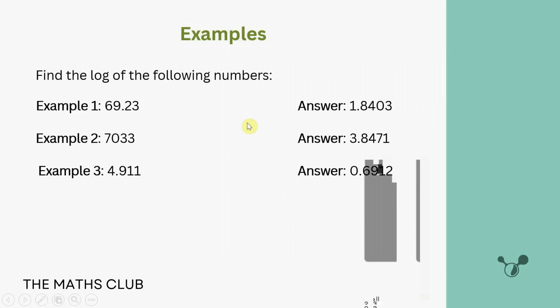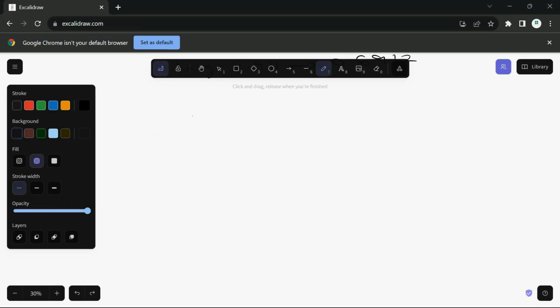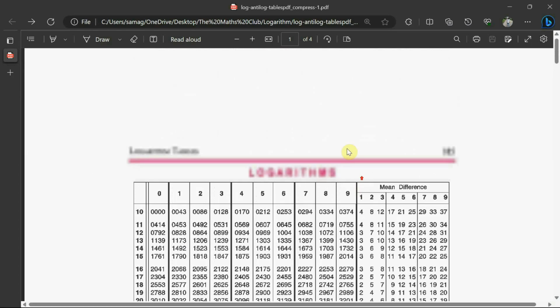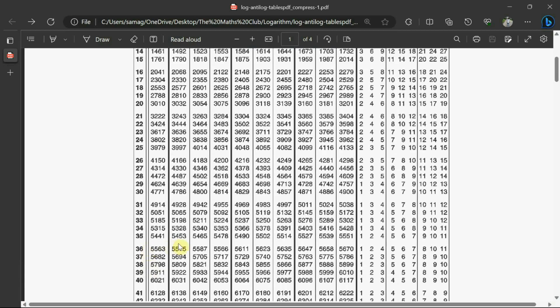Now the next question says we should find the log of 0.003512. So let's come back to standard form first. That will be 3.512 times 10 raised to the power of minus 3, right? Now we check 35 under 1 difference 2. So let's go to our logarithm table. We have to ensure that it's the logarithm table that we are seeing here. 35 under 1, this is 1 difference 2.